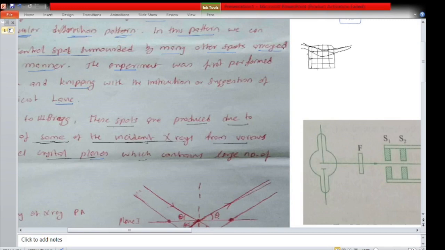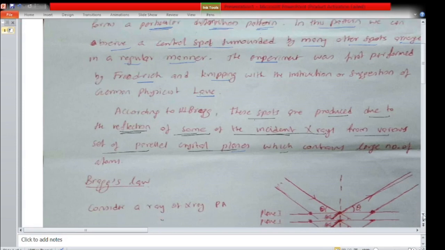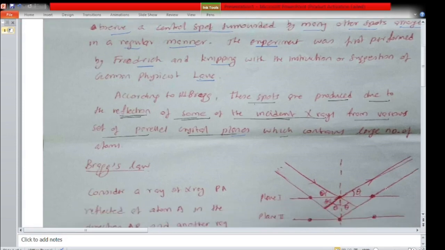So it is because of the reflection from different planes inside the crystal, and those planes contain a large number of atoms. All these atoms will be considered as sources of this reflection.